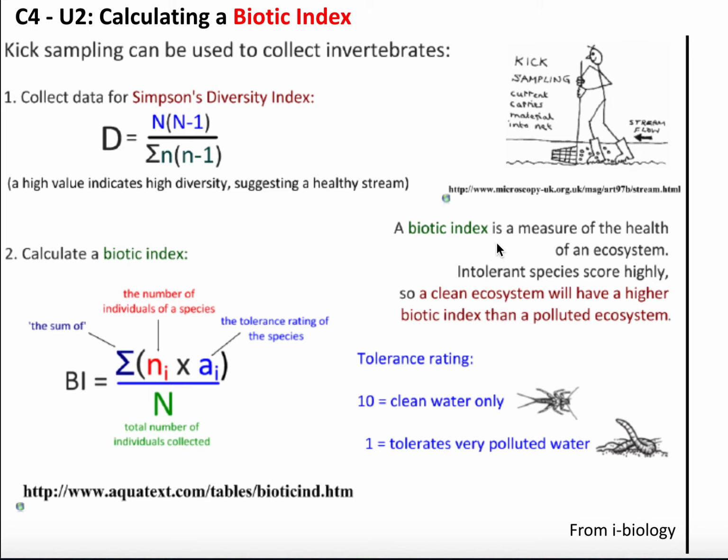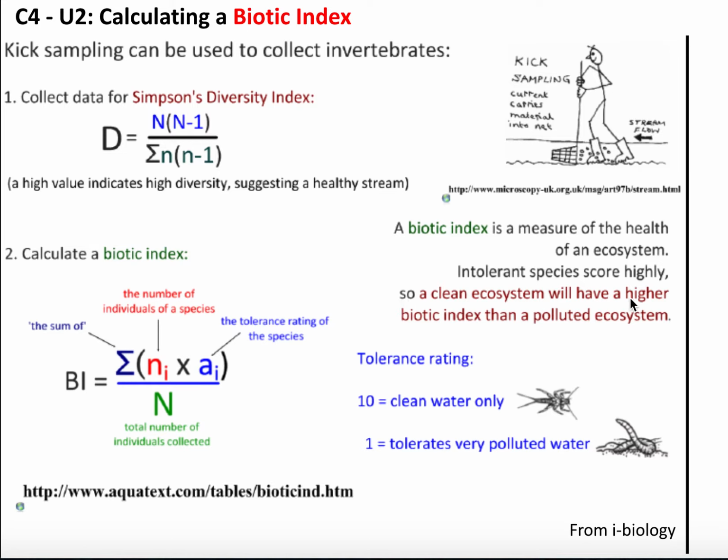So a biotic index is a measure of the health of an ecosystem. So you could figure out how healthy, or compare how healthy 2 different bodies of water are, maybe at the botanical gardens, for an IA. Intolerant species score highly.